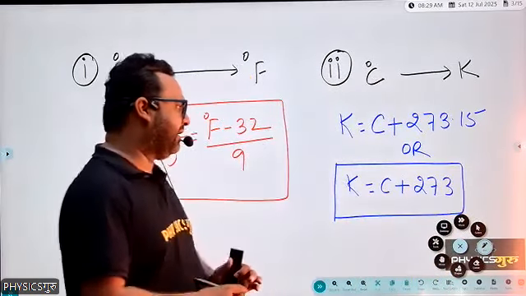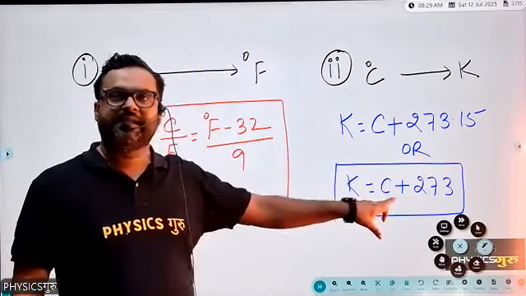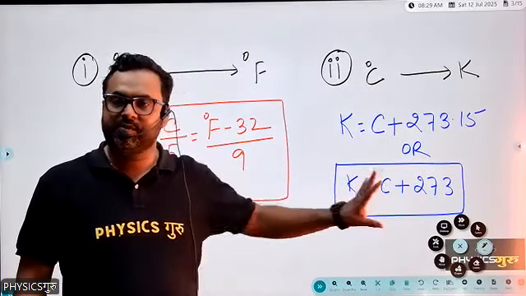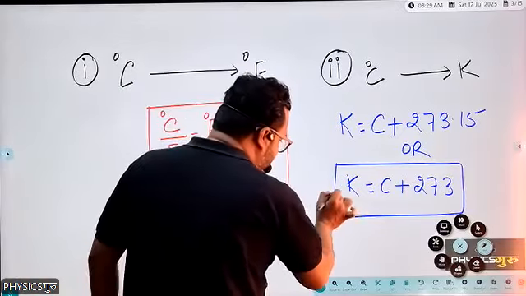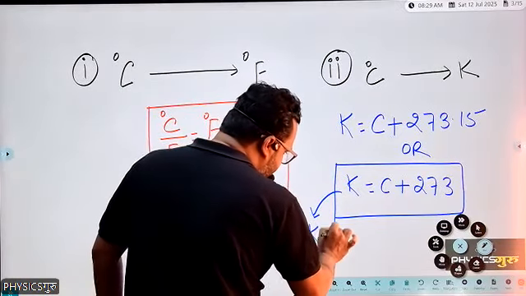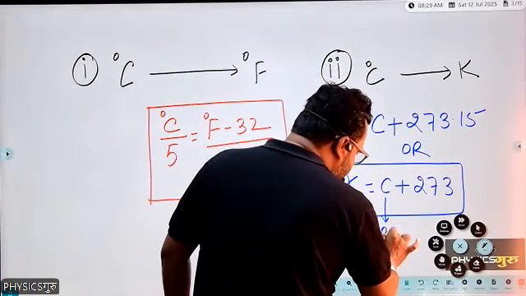In higher standards we use 273.15, but K equal to C plus 273 is also perfectly fine. No issue at all. What is K? K is basically the Kelvin scale. And what is C? C is called degree Celsius.